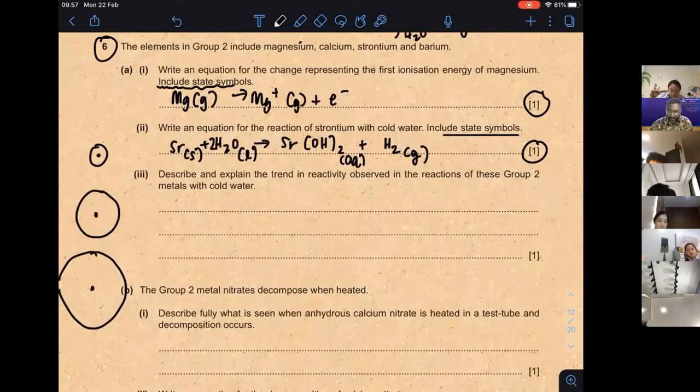So less attraction. In group 2, we are talking about the metals' ability to lose electrons. So the reactivity will increase down the group.